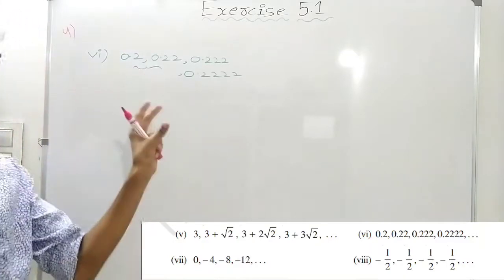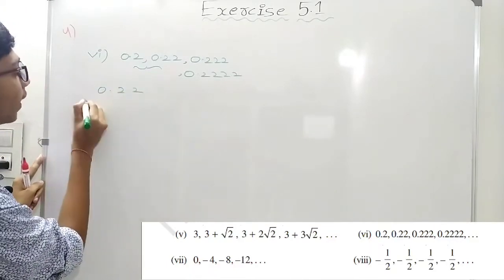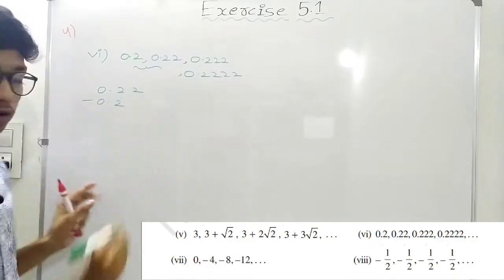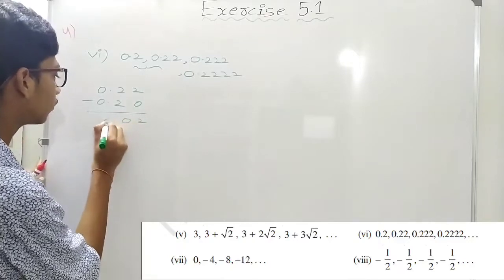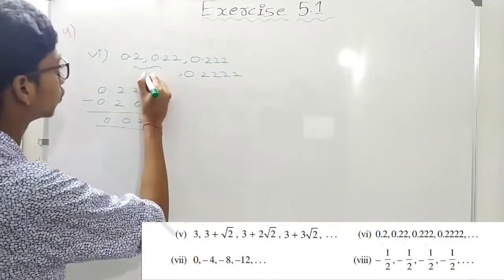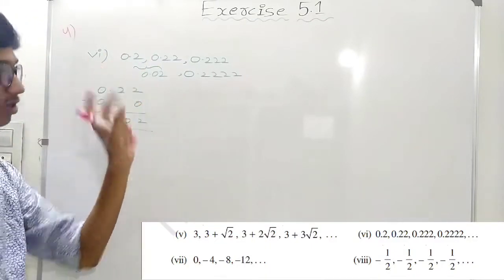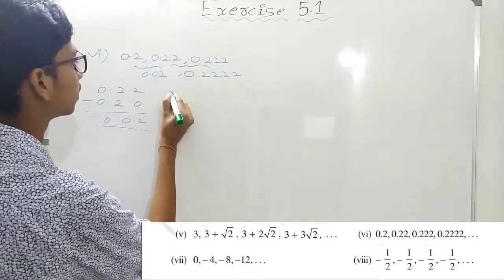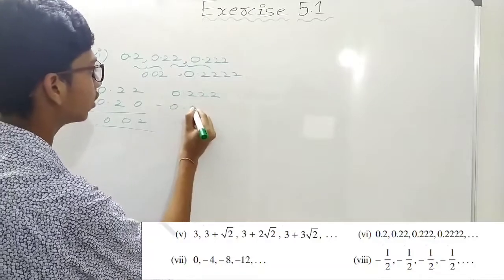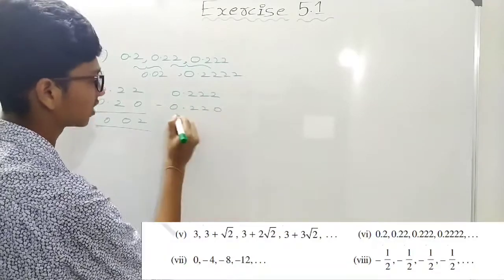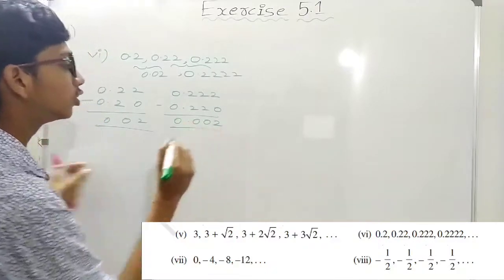To check whether it is an AP, let's find the common difference between the second term and the first term. Watch it carefully. 0.22 minus 0.2. 0.2 can be written as 0.20. So the common difference will be 0.02 between the second term and the first term. And if you check the difference between the third term and the second term, 0.222 minus 0.22, we get the value of 0.002.